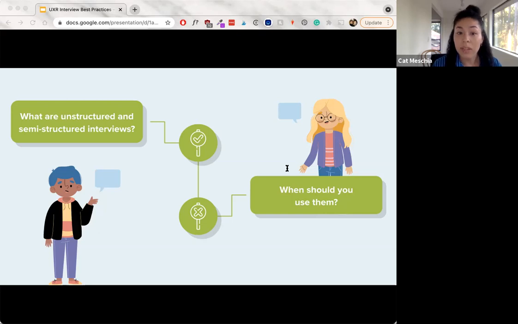These are different from a structured interview, which is very strict. Sometimes a structured interview might look like a survey at the end of a conference, where you're not digging into people's answers for further exploration. Semi-structured and unstructured interviews provide rich insights that a structured interview does not allow you to explore.